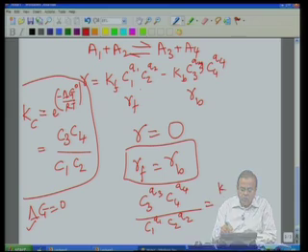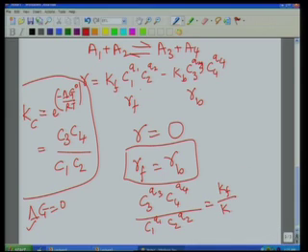This is equal to Kf divided by Kb. Now, recall that Kf and Kb are kinetic rate constants. We know at equilibrium, the equilibrium constant maintains a certain relationship between the concentrations. In this particular case, K equals C3 C4 divided by C1 C2.